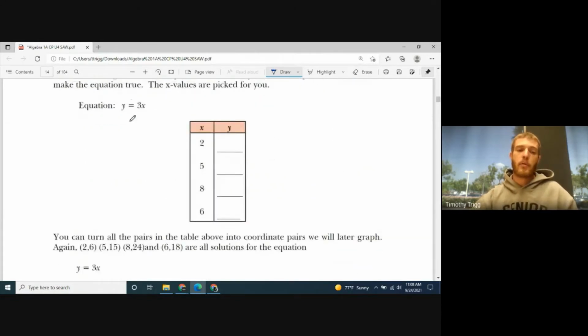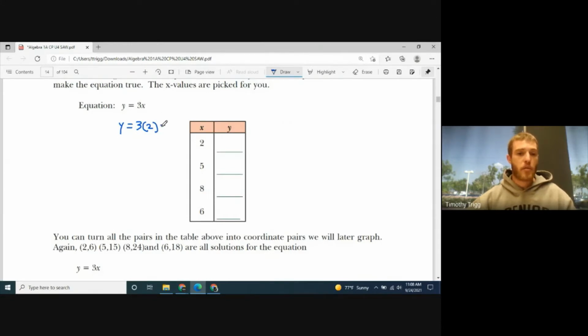So here's an example, y equals 3x. Now remember, that means 3 times x in this case. And then we're going to use these different x values and find their corresponding y values. So for this first one, y equals 3 times x becomes 3 times 2. Again, I'm replacing the x with whatever the x coordinate is.